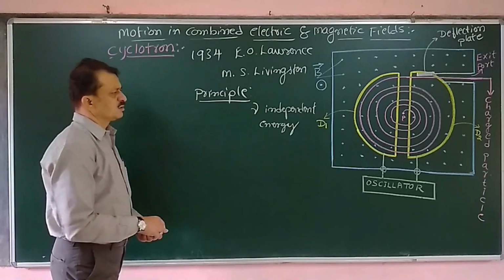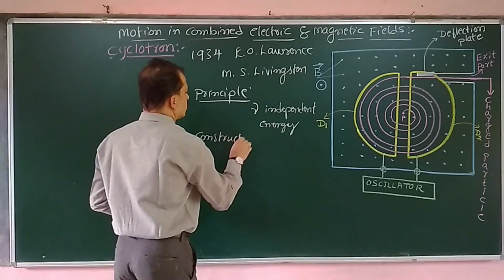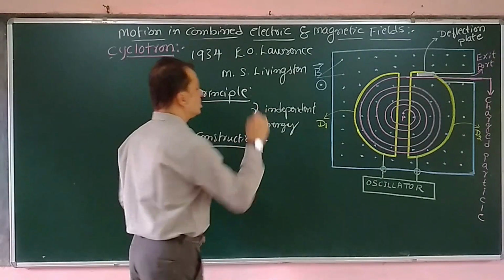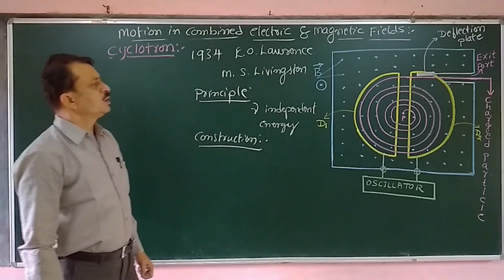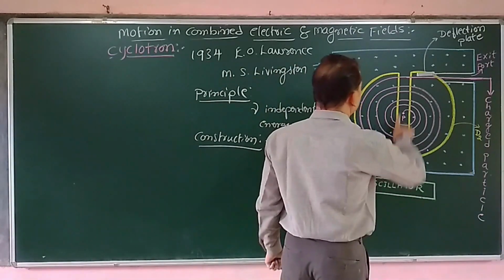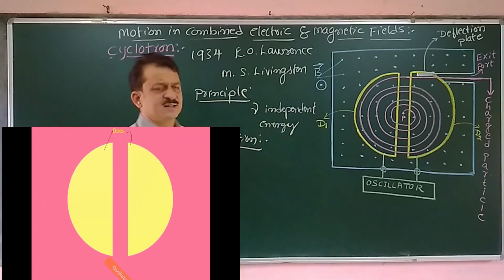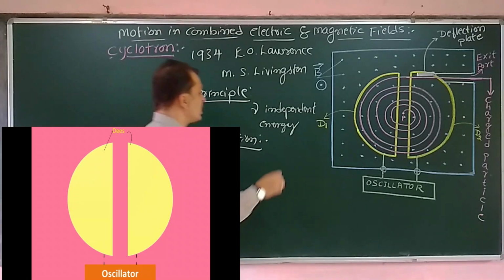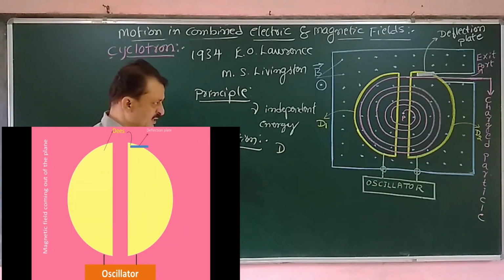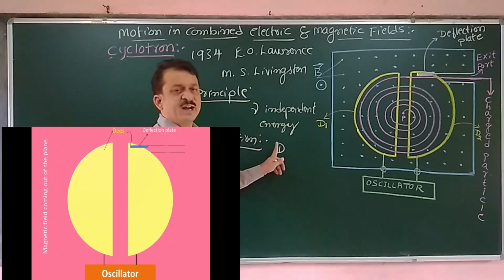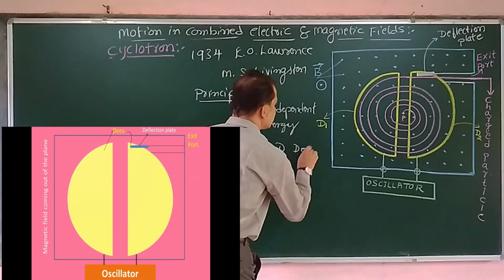Now the construction part. What does this machine consist of? It has two metal containers in the form of a D shape. Two metal containers which are semicircular discs in the form of a D shape, and hence they are called Ds.